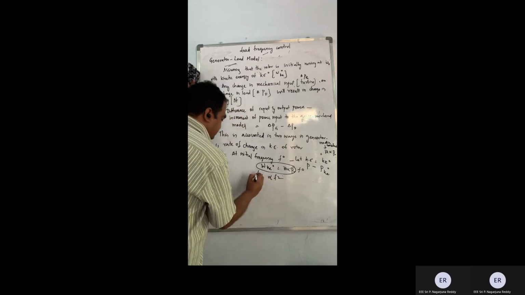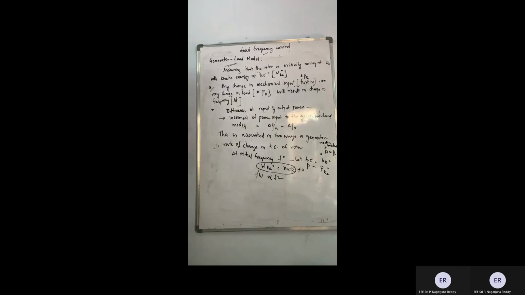So any change in the power or any change in the kinetic energy is going to affect your frequency. So now, assuming that there is a change in kinetic energy, and this has led to some change in frequency.